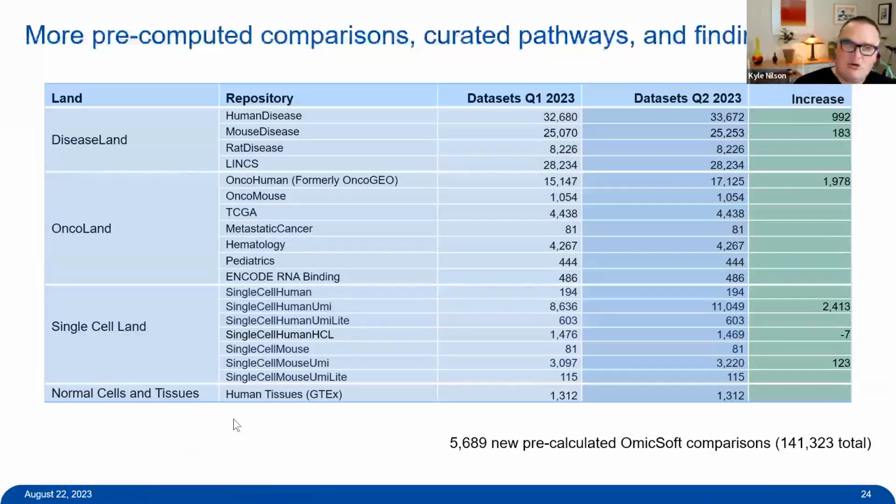Finally, we're always adding more content as we curate more things. So here in this latest release for the summer of 2023, we've added an additional 5,000 new Omicsoft comparisons, bringing the total up to around 141,000. These data sets and comparisons are also available in Land Explorer.